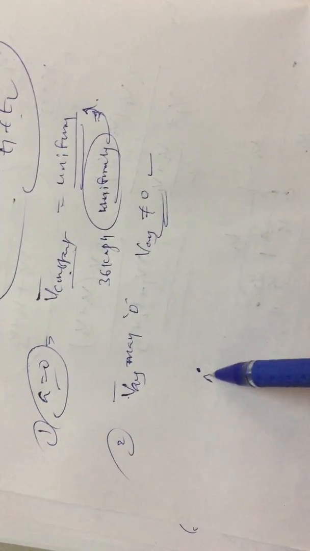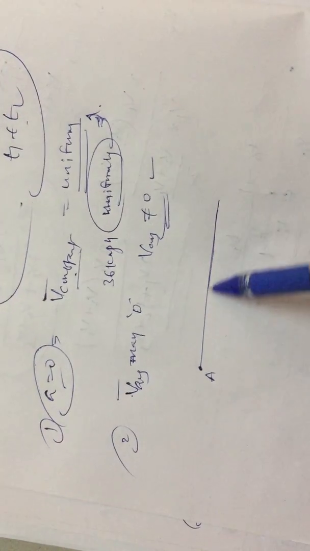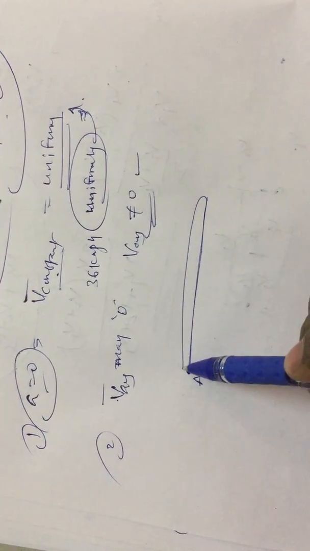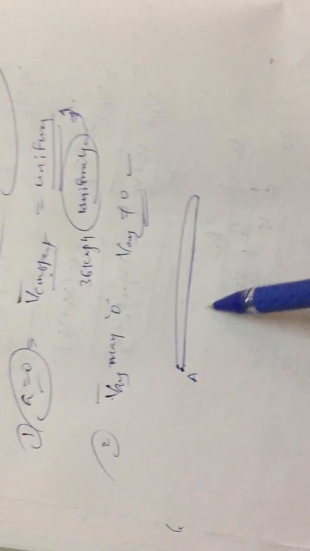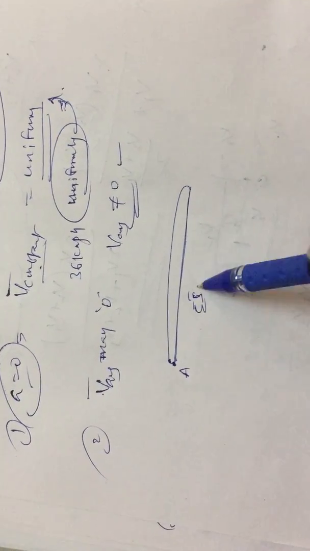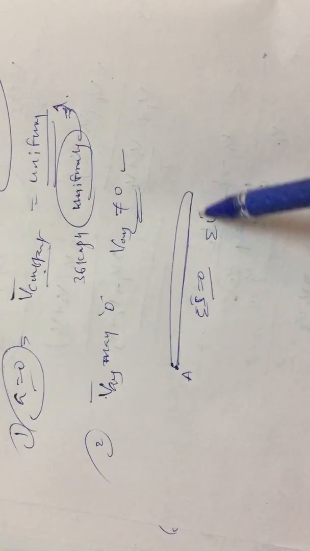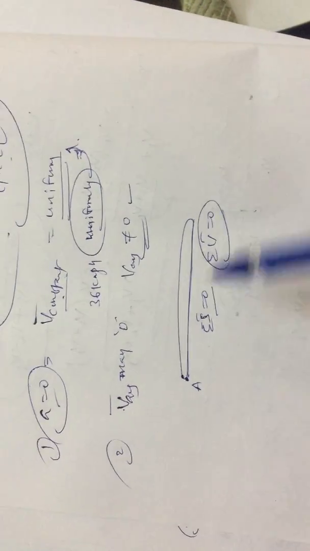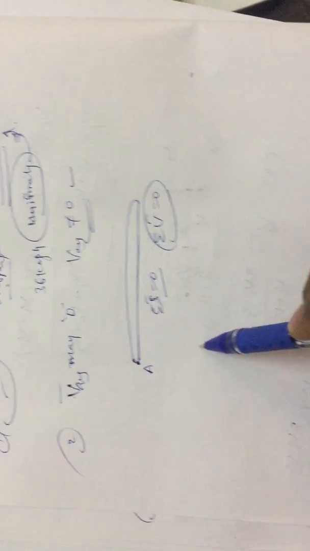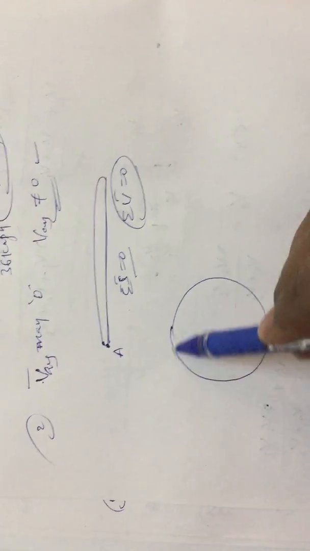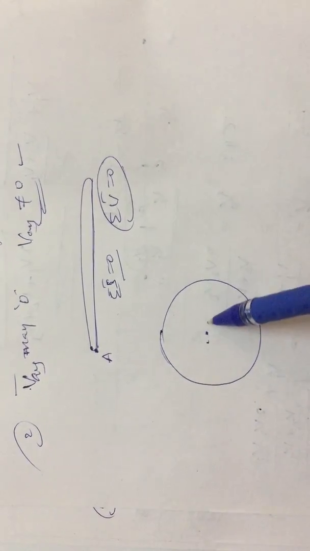Suppose a particle starts from A, reaches B, and again reaches A. Then the total displacement equals 0, so the average velocity will be 0, but the average speed and the total distance never become 0. Suppose a particle is in circular motion; I already told you this formula.